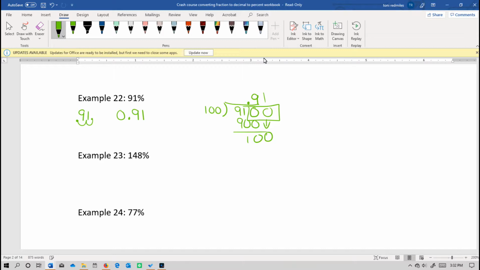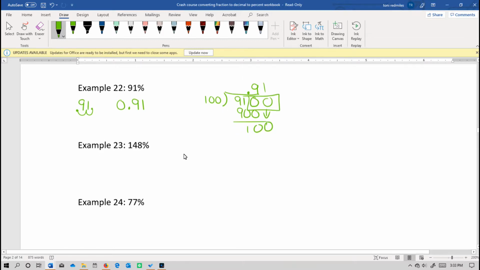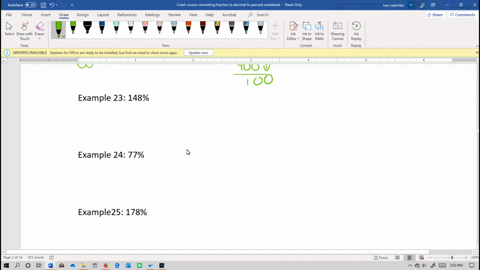All right, let's do this one. This one's clearly more than one full 100%. So the first thing I could do is put my decimal point, move it 2 places, and I get 1.48 as my answer. Okay, and of course the second way I can do this is divide by 100. So let's see what happens. I should get the same answer, correct?